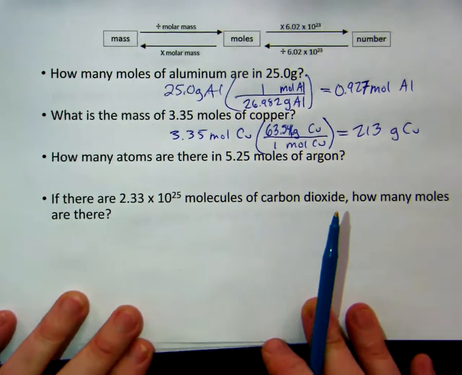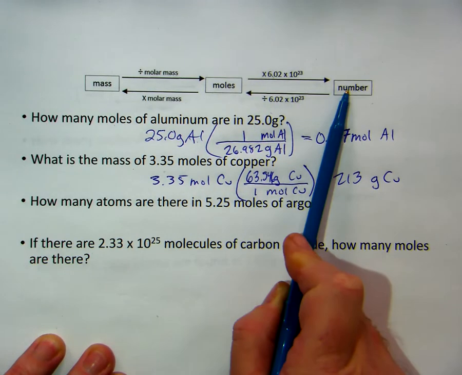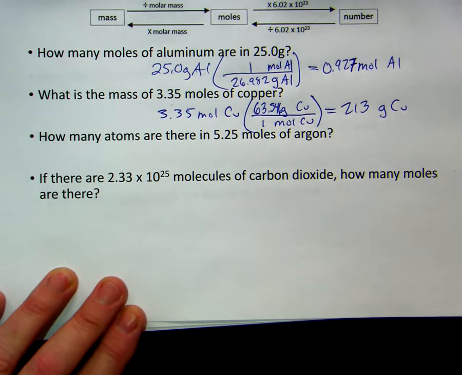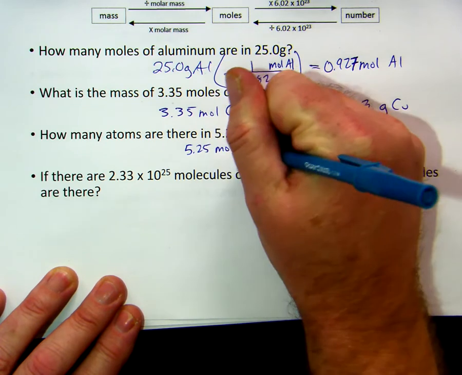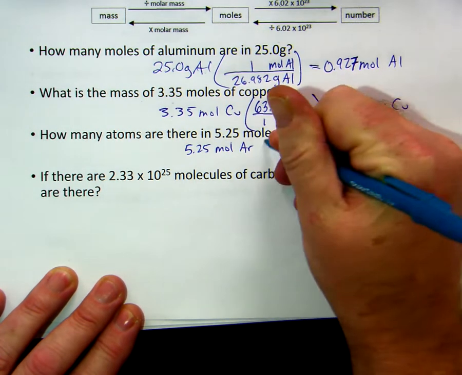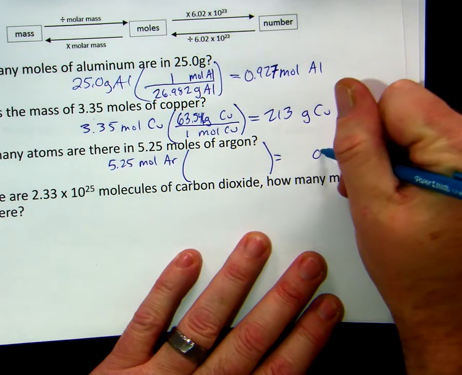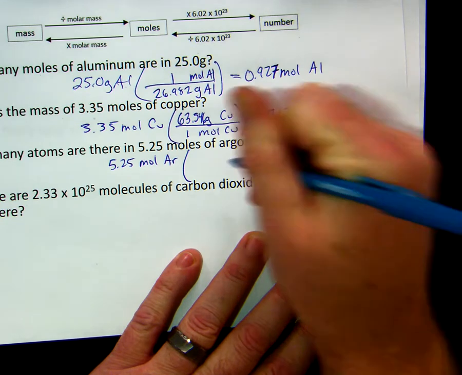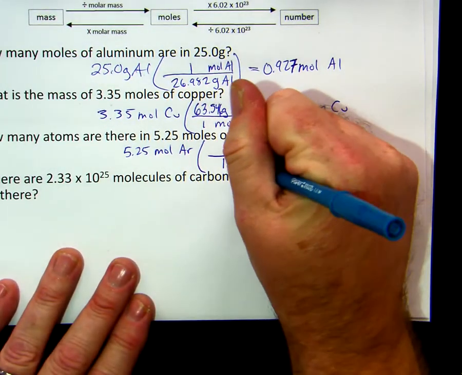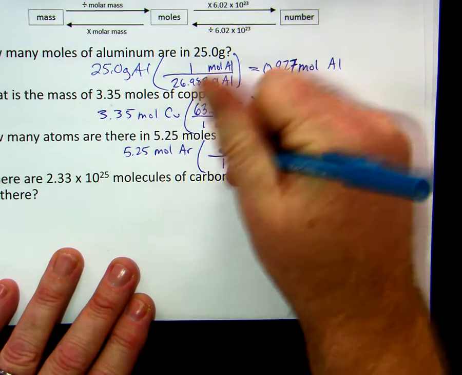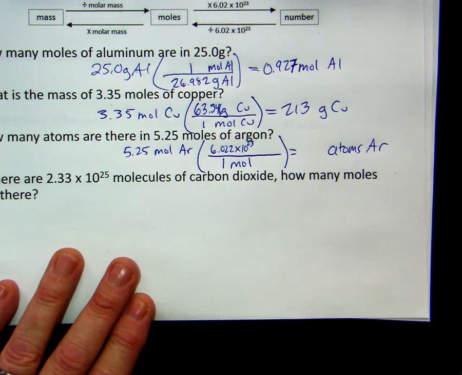All right. So if we're told that we have 5.25 moles of argon, we multiply it by Avogadro's number to get the total quantity of argon atoms. Or we can say 5.25 moles of argon, and we need to have atoms of argon as our answer. So if you like dimensional analysis, you would say, oh, moles of argon, okay. If I have 1 mole of anything, I would have 6.022 times 10 to the 23rd units of that thing.